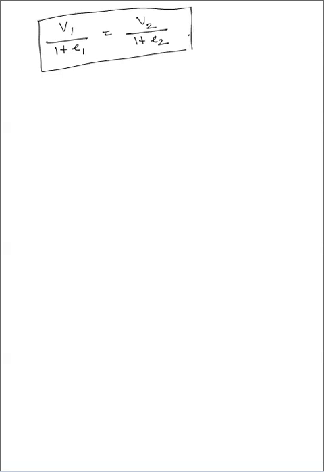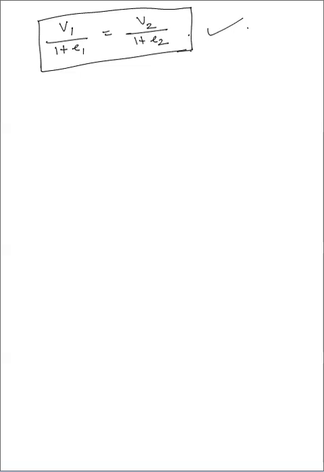Another formula which you are supposed to remember is V1 upon 1 plus E1 is equal to V2 upon 1 plus E2. There is a derivation also, but at present the derivation is not important. You just remember this formula, because many times the sums ask directly for this relationship.